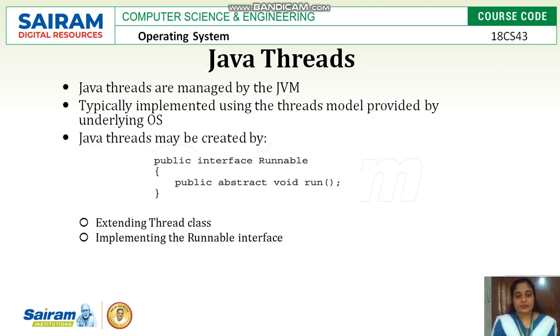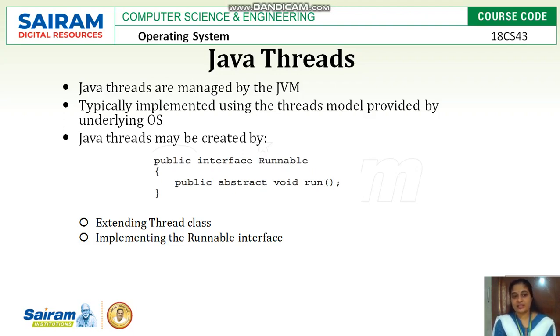So with the help of the operating system it can execute, but creation is taken care of by Java threads itself. Java threads may be created by using the interface, public interface Runnable, and public abstract void run.